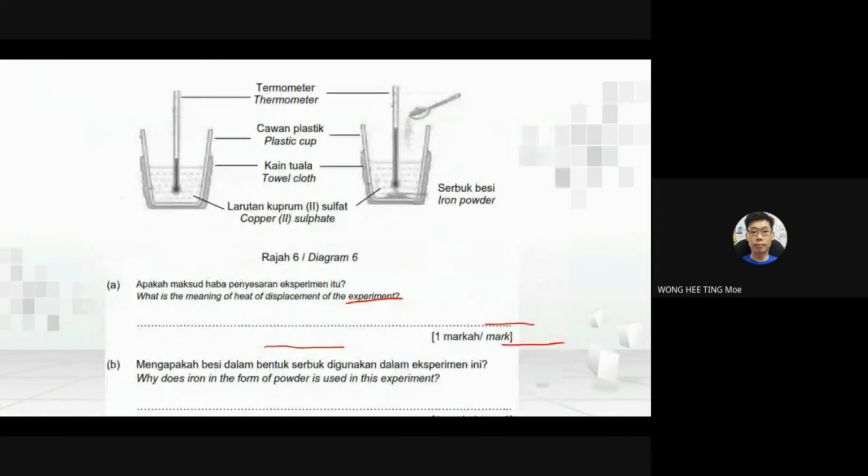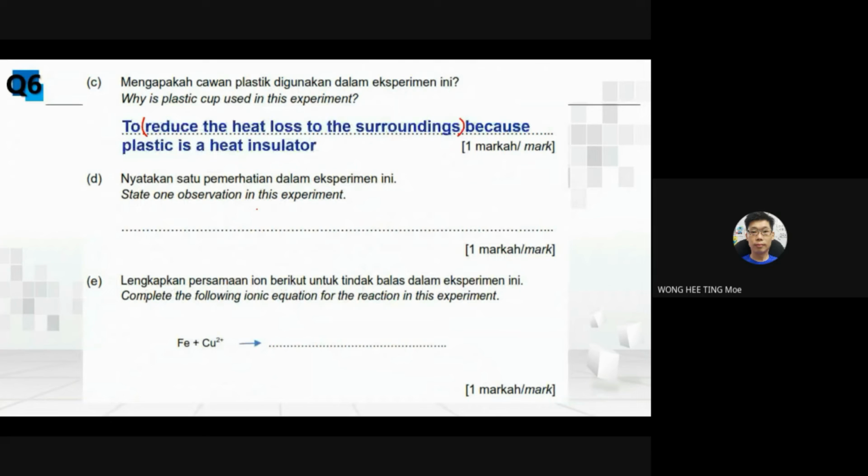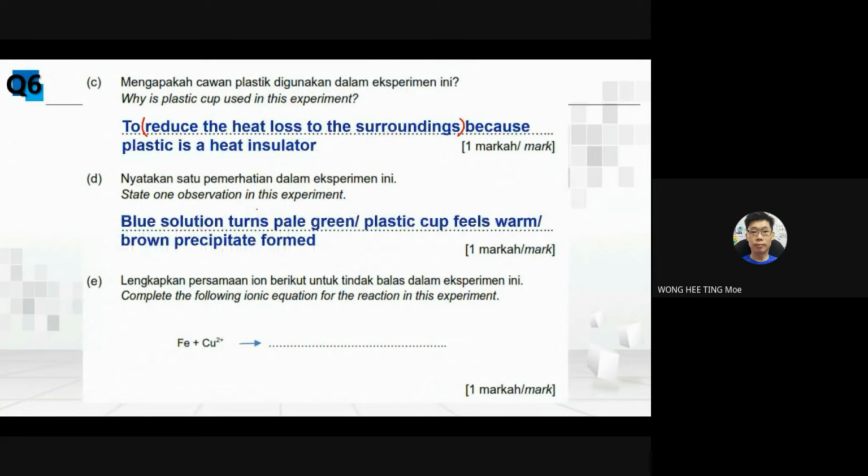Besides this, you can write the color change: the blue solution turns to green. Or you can write a brown precipitate is formed. Or the plastic cup feels warm. All of this you can write. If you can write green, it is okay already.